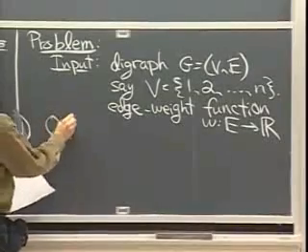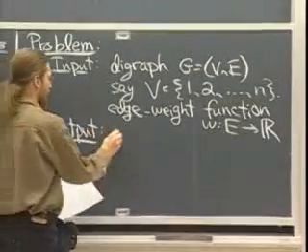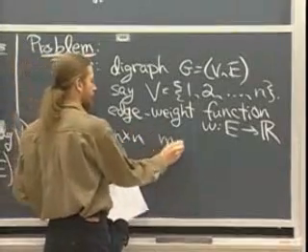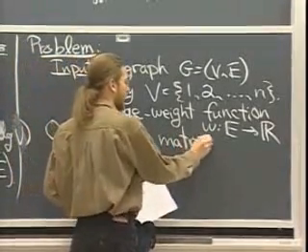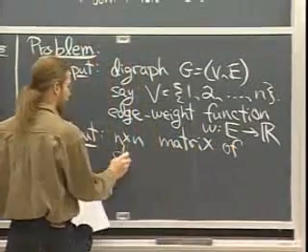And the target output is the shortest path matrix. So this is now an n by n matrix, where n is just the number of vertices, of shortest path weights.